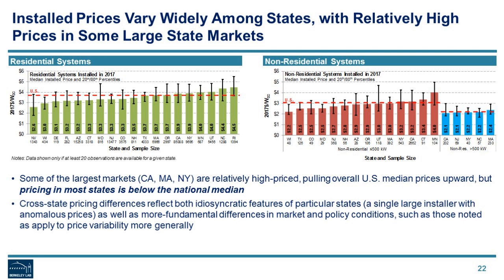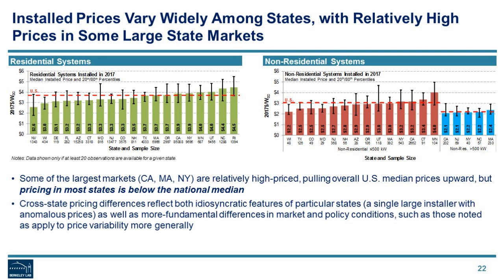In terms of the reasons why prices vary across states, it's in some sense the same set of reasons for why prices vary more generally. For example, system sizing and design can vary from state to state. The installer base can vary from state to state.